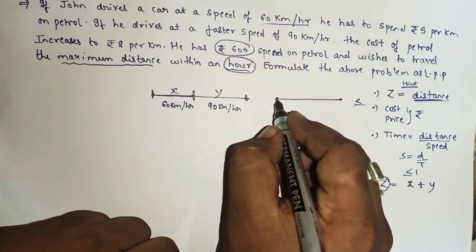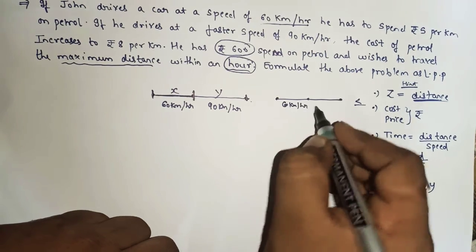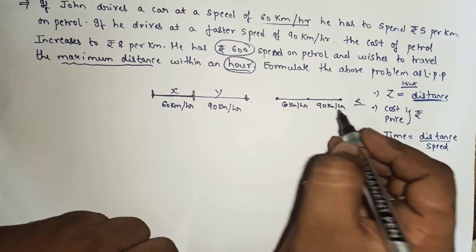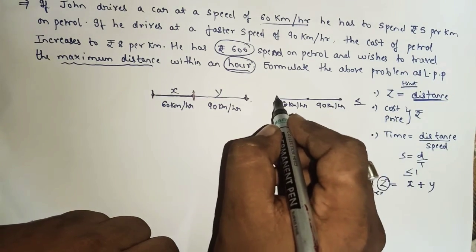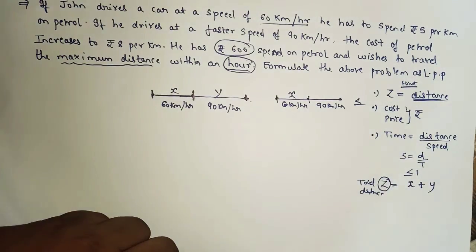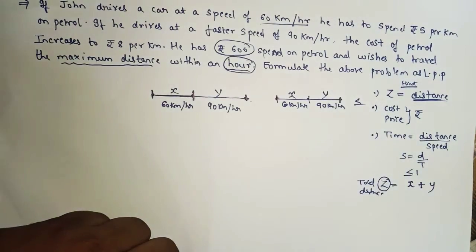But he started his journey, suppose at a speed of 60 kilometer per hour. After that he increases his speed to 90 kilometer per hour. What we saw, he covers a distance, that exact distance we don't know, so we took x. And for the other part we don't know the exact distance, so we took y.